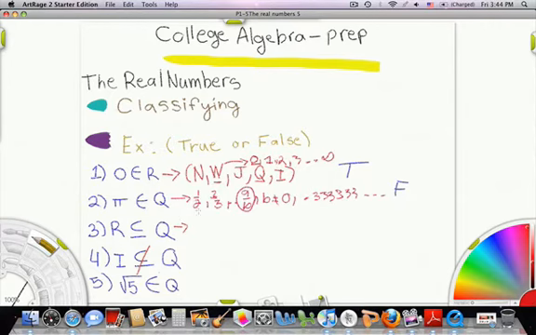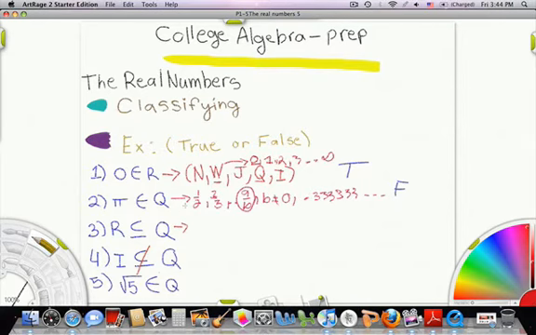So, knowing Q, what is a rational number? A rational number, as we said here, is A over B, where B is not equal to 0, or some sort of repeating decimal.